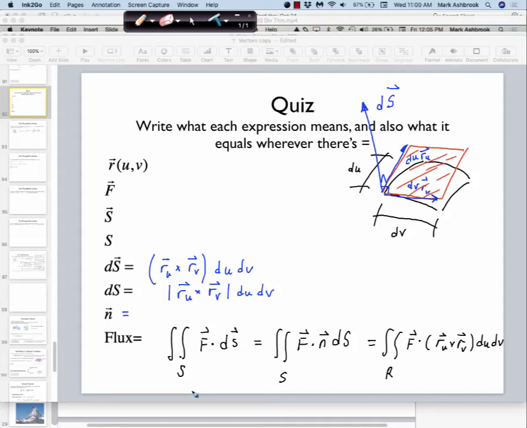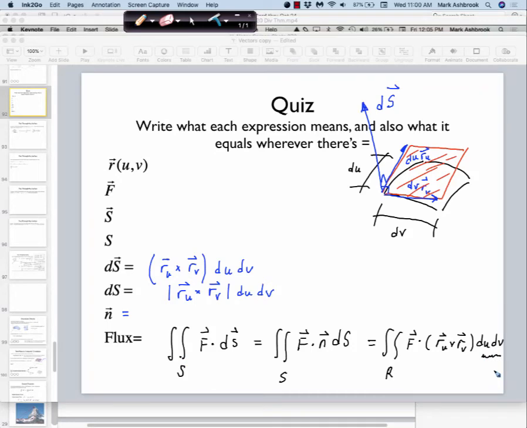Okay. Yes, please. So for the flux, we're moving from S to R. R is the 2D projection into a plane, right? The UV plane, yeah. Except that sometimes there is no UV plane we can imagine.